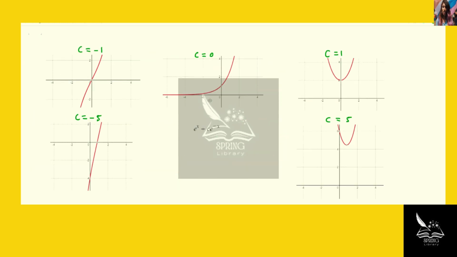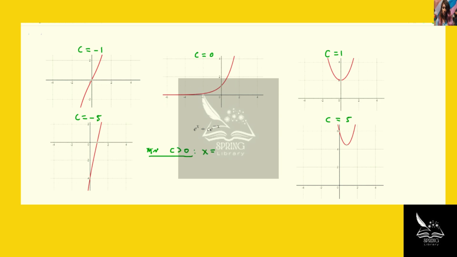All right, so I went ahead and graphed a couple of these. Let's write what our max and min should be. In this case we can see that they should be minimums, because we said that we only got a minimum or a max when c was strictly larger than 0.